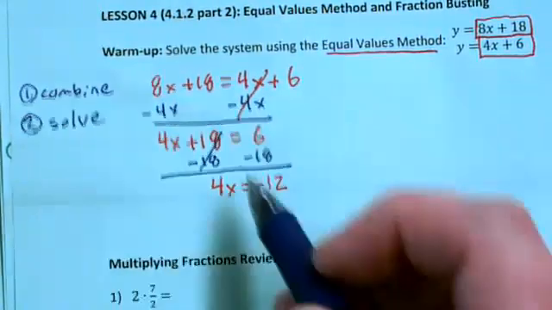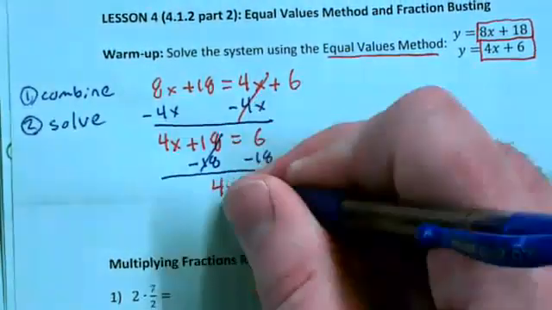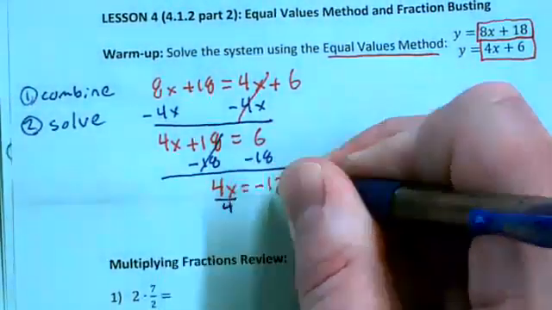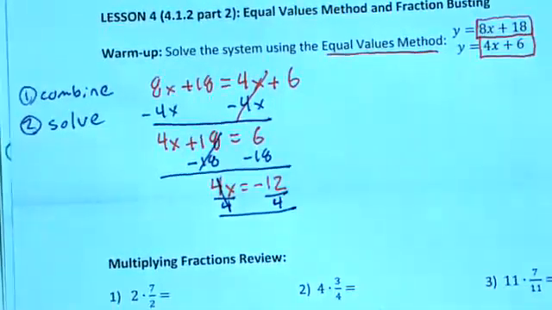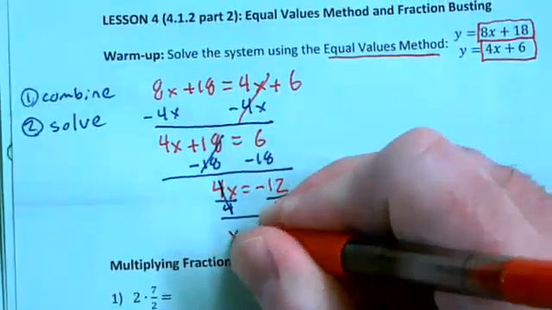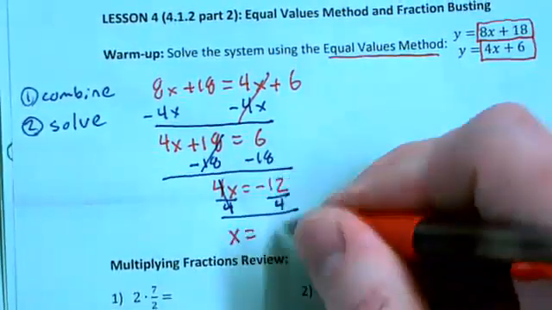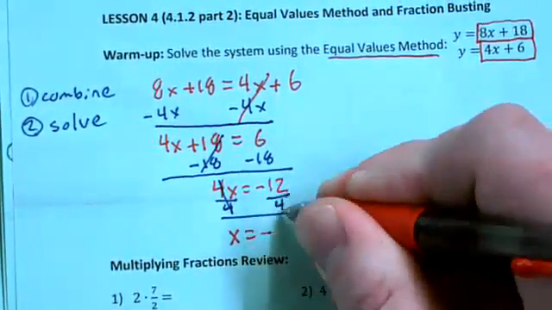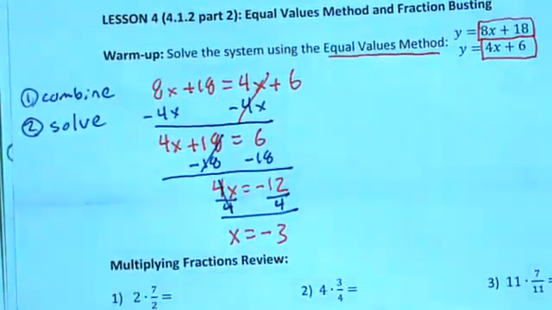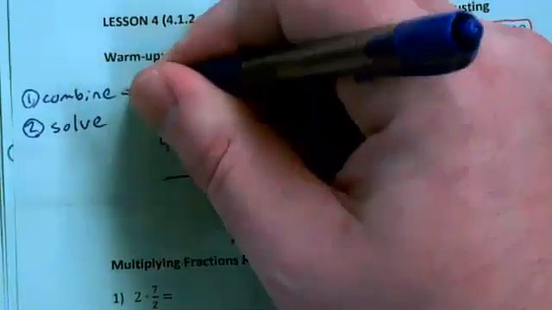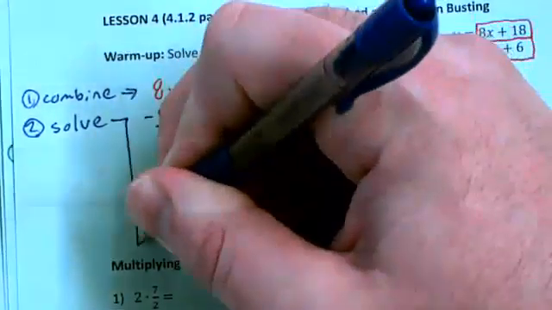And then we just need to get rid of that 4. It's multiplying, so we'll go ahead and divide to get that out of the way. Get x equals, it's going to end up being negative 12 divided by 4, which is negative 3. So this was the combine step, and then all of this was solving.